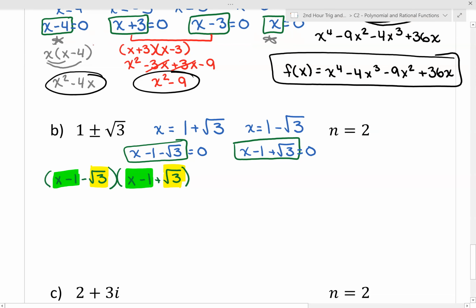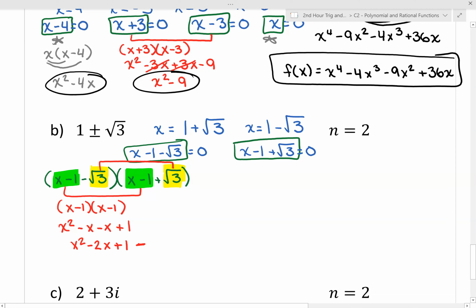So I would like to multiply it out using difference of squares because we know that the O and the I inside that will cancel. So I want to multiply these two together. So x minus 1 times x minus 1. So that would be x squared minus x minus x plus 1, and then we have x squared minus 2x plus 1. Okay. Then we have minus, and then we multiply these two together.